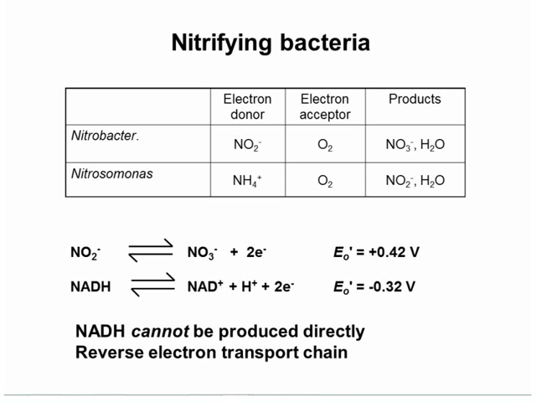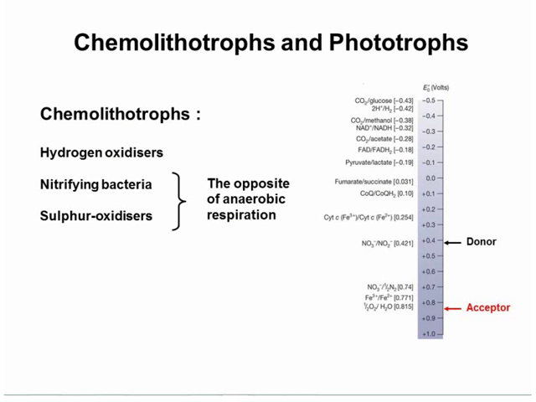So when you look at the half reactions here, nitrite is supposed to be the electron donor. Okay, but if you look at the redox potential, it's not so good. Rather, nitrate is a pretty good electron acceptor. But, of course, where's our thing here? Okay, nitrite is up here.